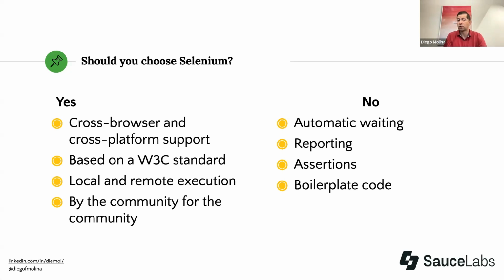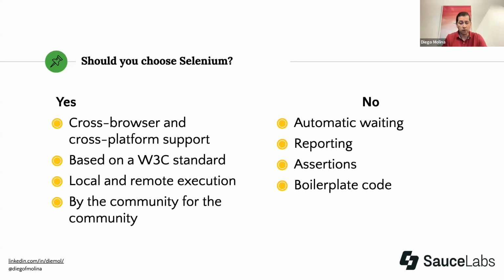But maybe you would not choose Selenium because you don't have a bunch of nice features that you have in a framework, like automatic waiting. You don't have any reports when you just use Selenium. You don't have nice libraries that help you assert on different things that you're testing.